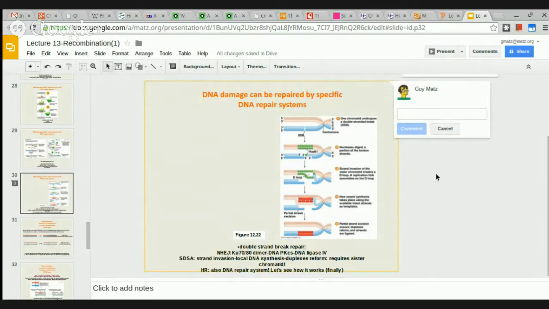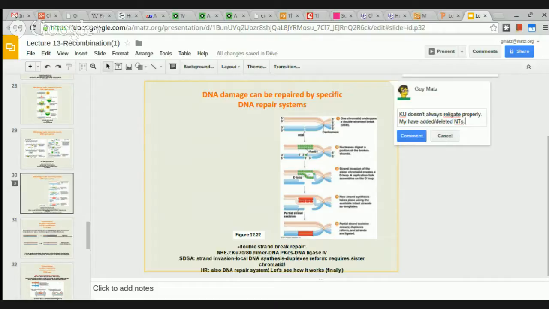And when you've seen the religated product, very often you see not the actual sequence as it was before the break. The sequence is religated, but it has added and deleted nucleotides. There's some randomness to it. It's not always the same nucleotides, same number of nucleotides. So this is a repair that's actually error prone.